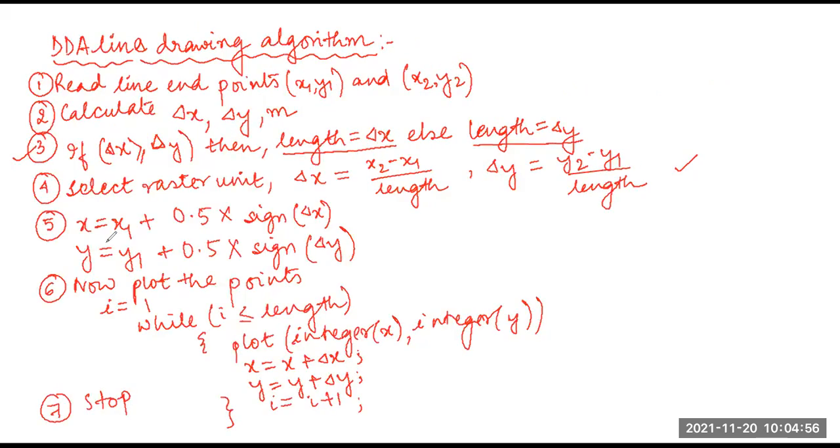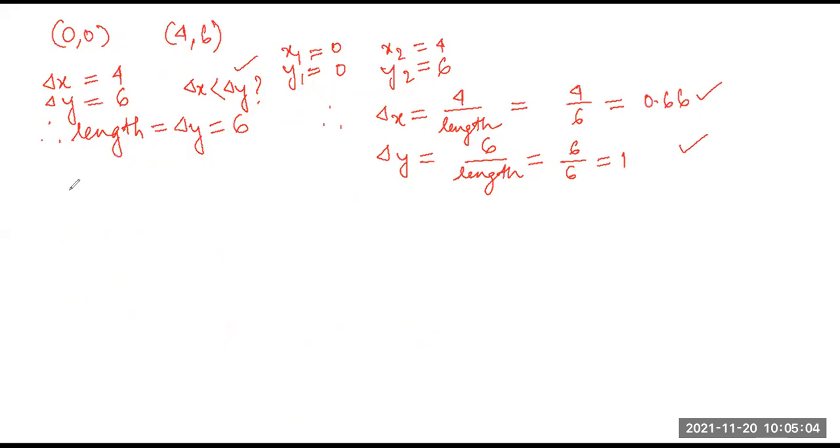So I will use this formula to plot my first point. So what will be my first point? The formula is x equal to x1 plus 0.5 into the sign of your del x. And what is your sign? 1, positive.